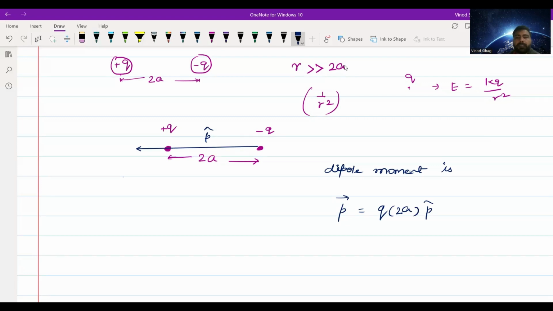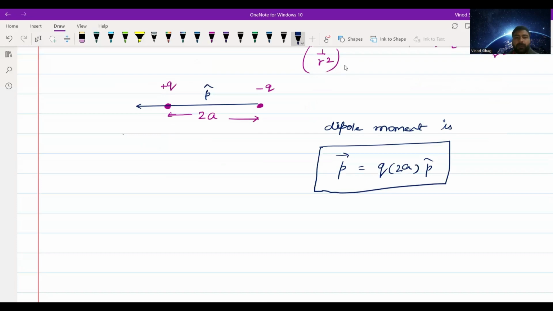This is the form of electric dipole moment, where p cap is the direction of the electric dipole moment.